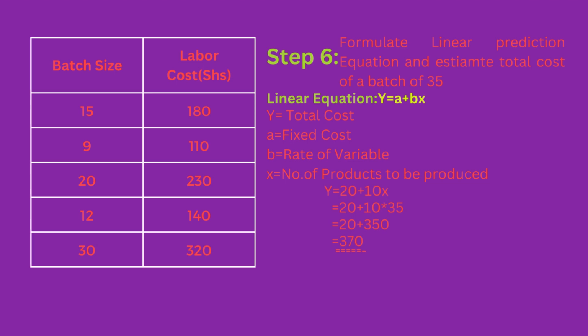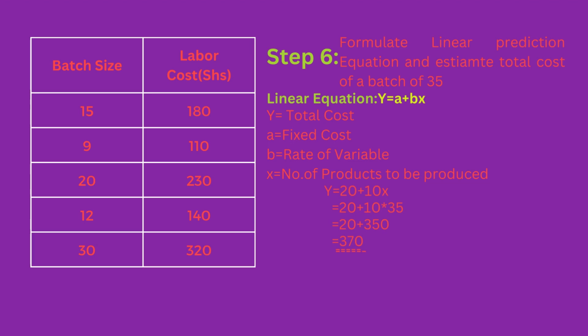But in the second part of what we are required, we are told to estimate total cost of a batch of 35. So we go further and replace x, because we are given 35, which is the batch for which we are required to estimate the total cost.